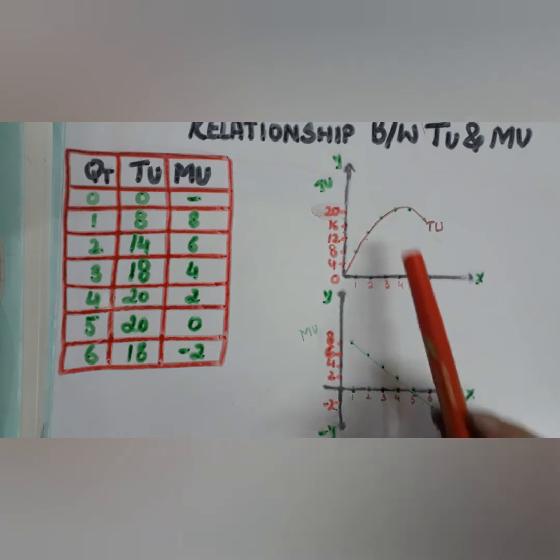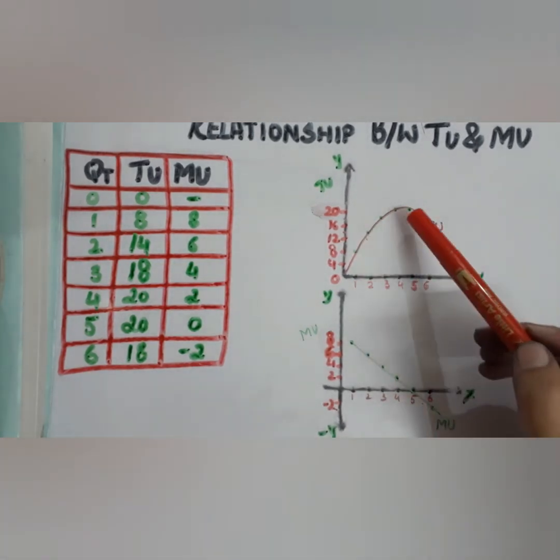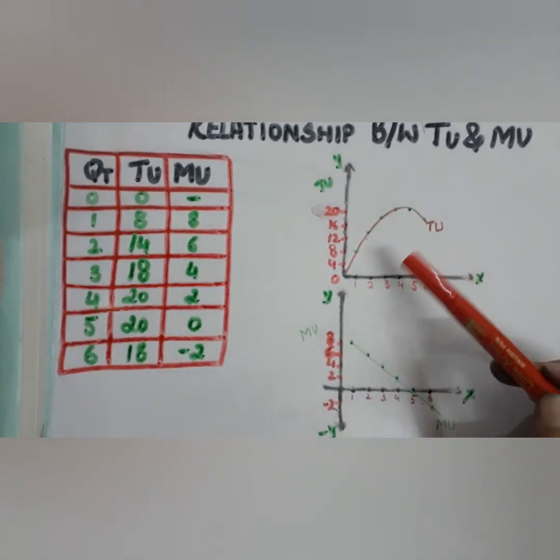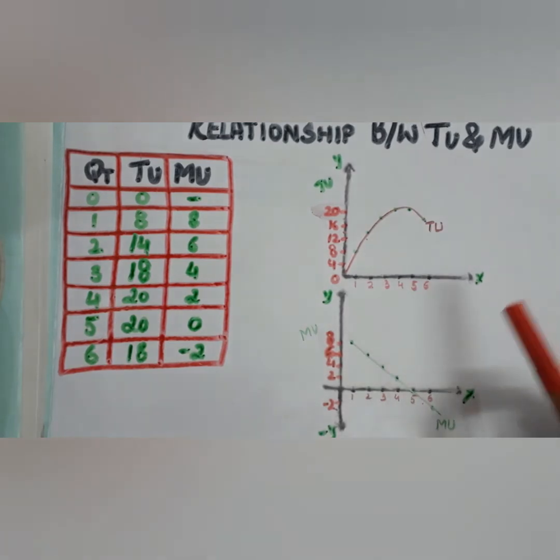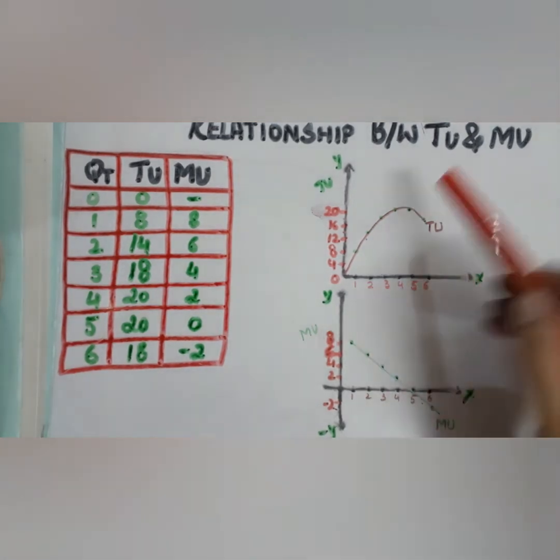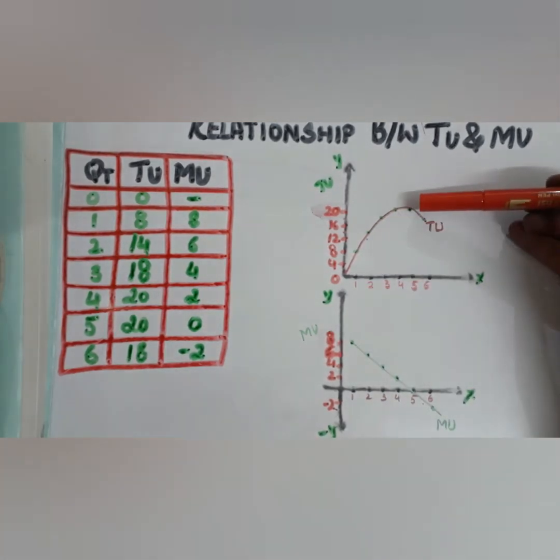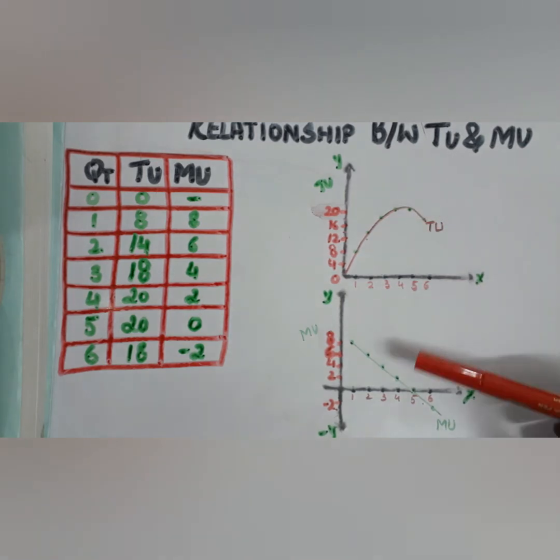Till it is positive, it is continuously rising. Then it comes to a constant point, and after that, when marginal utility is negative, after the 0 point, it is decreasing. It has started decreasing. You can see the decrease.